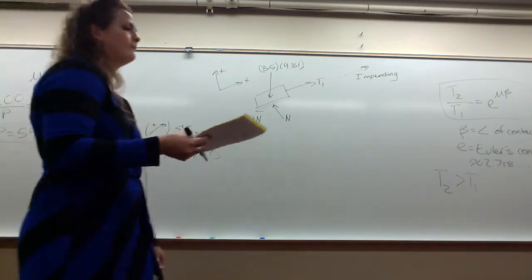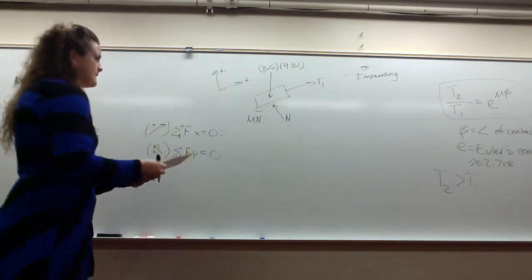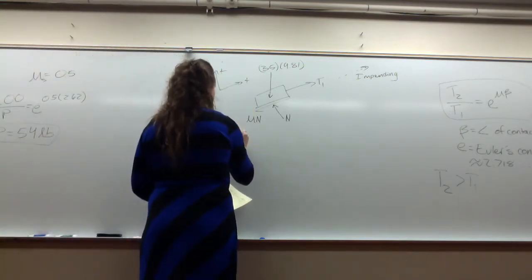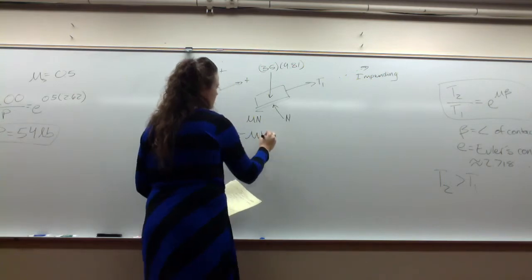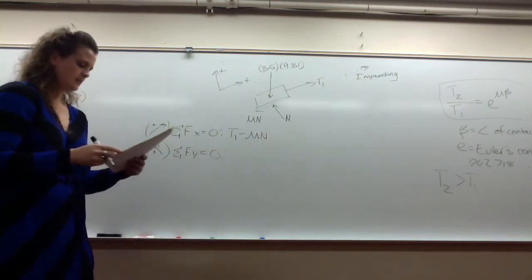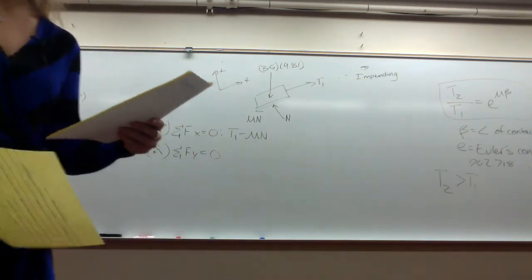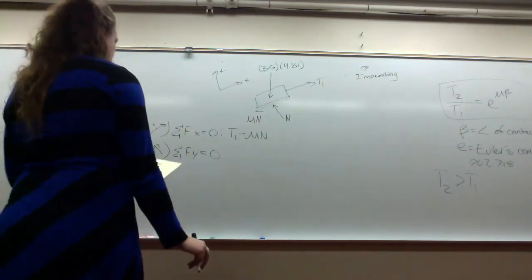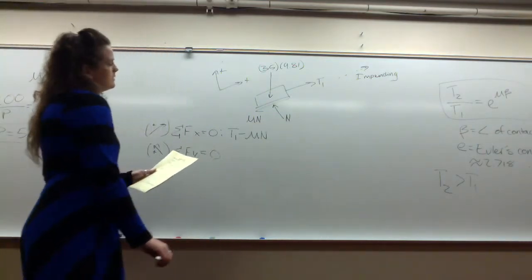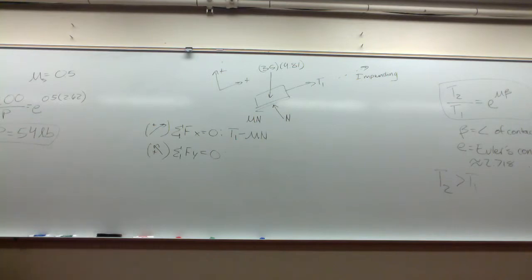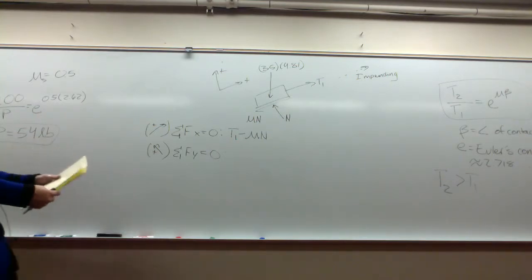What do you think, Will? T1 minus friction. T1 minus mu n, and then N cosine 15 minus... Oh, mu of n, right? Mu of n.